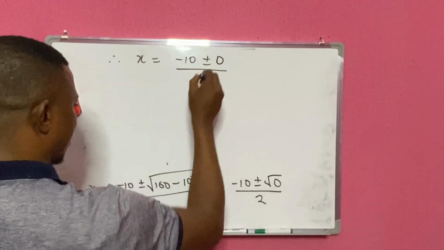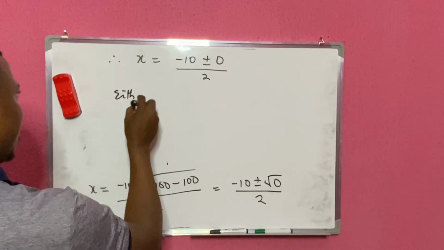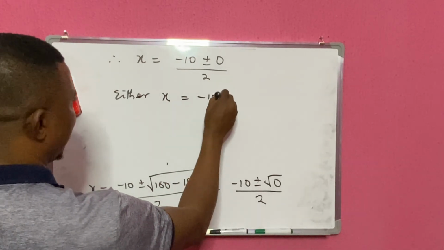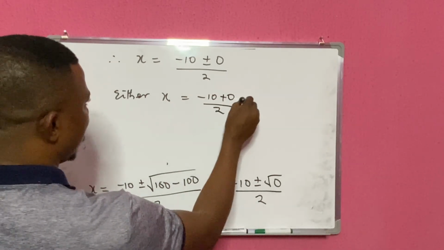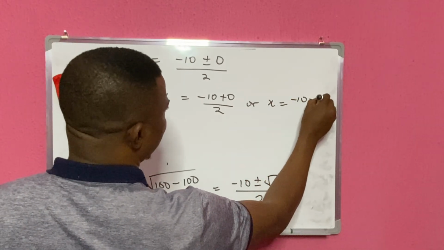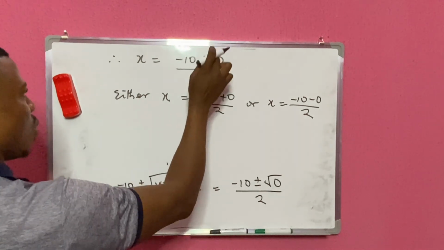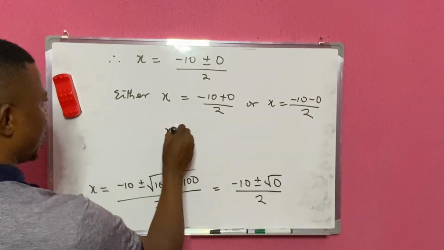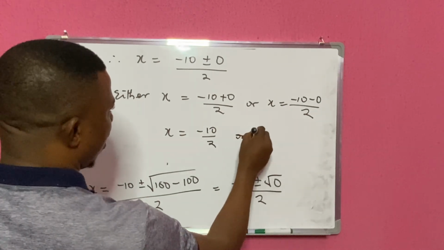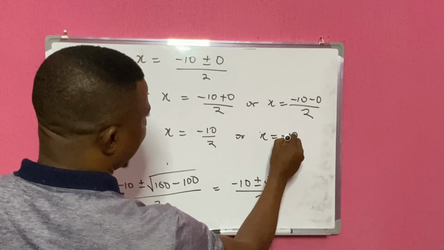So either x is minus 10 plus 0 over 2, or x is minus 10 minus 0 over 2. Plus or minus, we'll do for plus, we'll do for minus. x becomes minus 10 over 2, or x becomes minus 10 over 2.